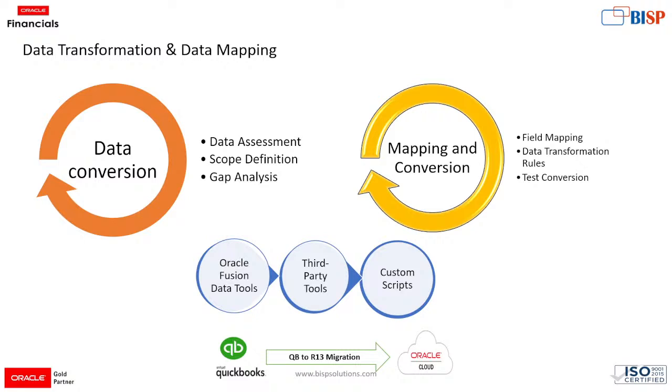This knowledge will help you to accurately interpret the data and ensure that it is properly transformed and loaded into the target system. If you are using QuickBooks for your accounting needs, you can simply state that as your source system. In other words, understand your data type in your source system, or say QuickBooks.